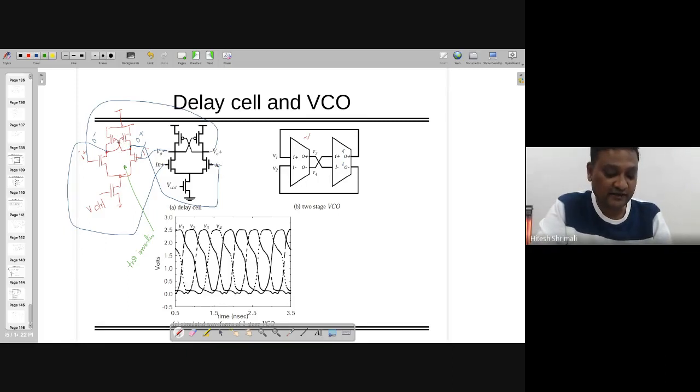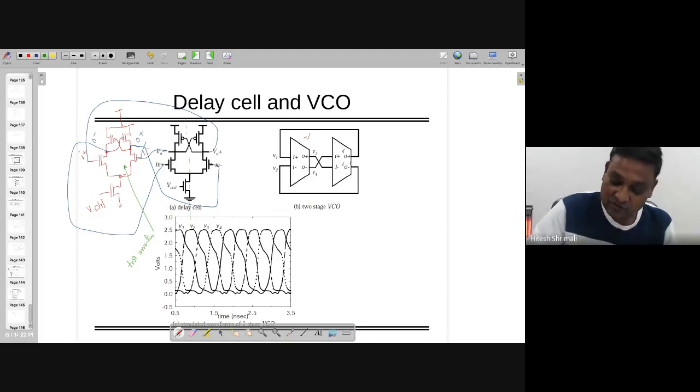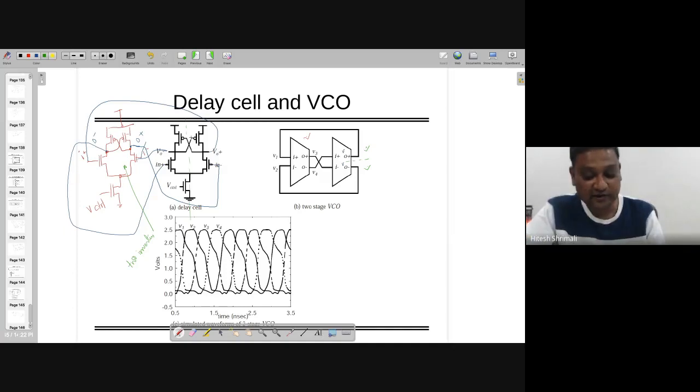So plus is connected to the other one and minus is connected to the other one. So these are the two inverters, and this one is connected to the next one. When you do this, what is going to happen here? If you look at just one output at a time, there are effectively three inverters, and because of three inverters you can see the oscillations.